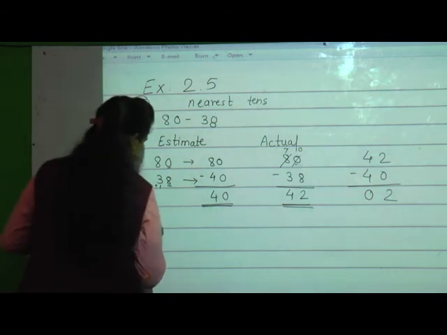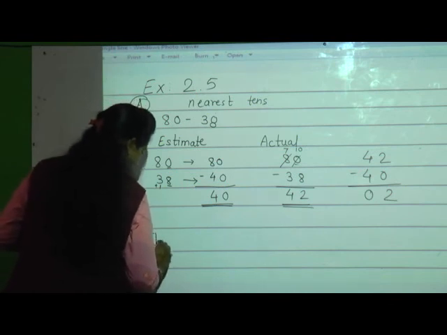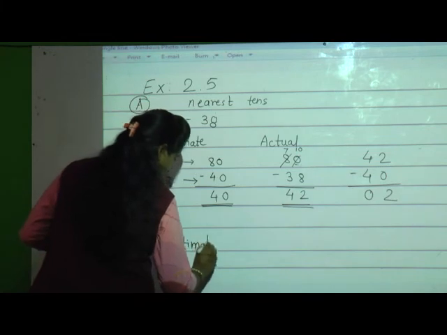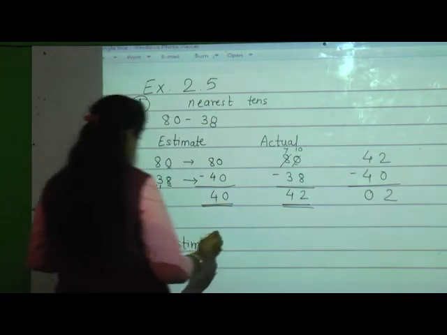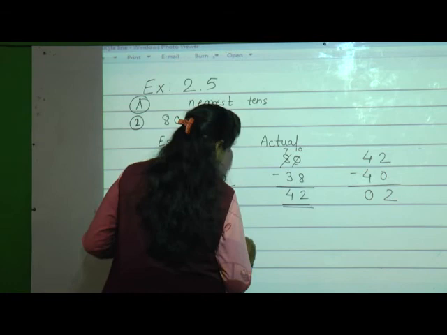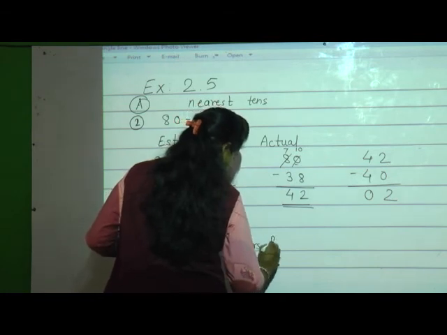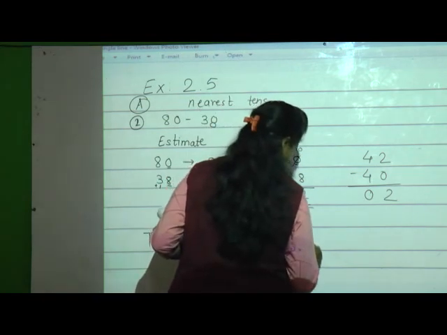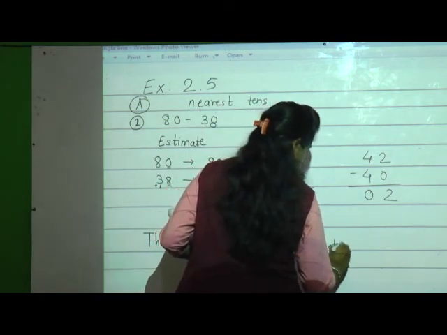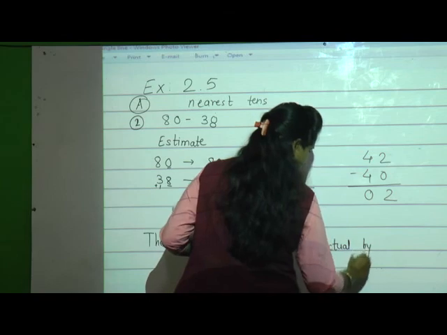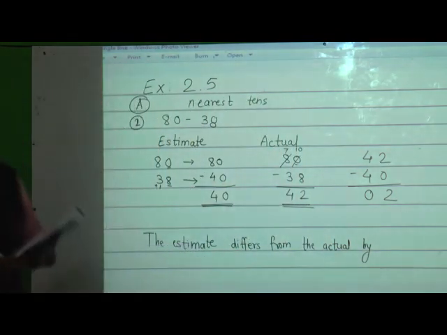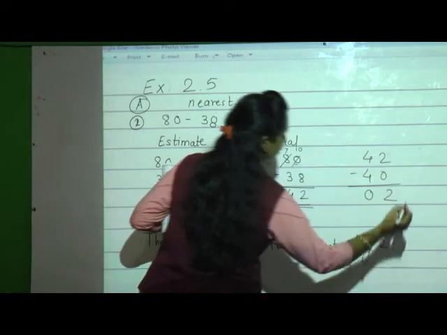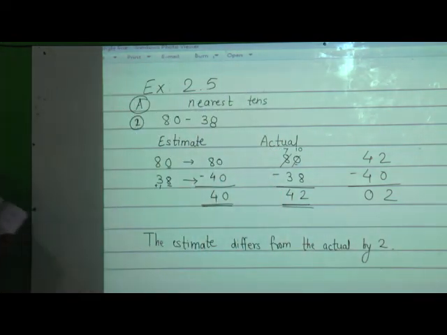The estimate differs from the actual by how many? By 2. So write here 2. Got it? Clear?